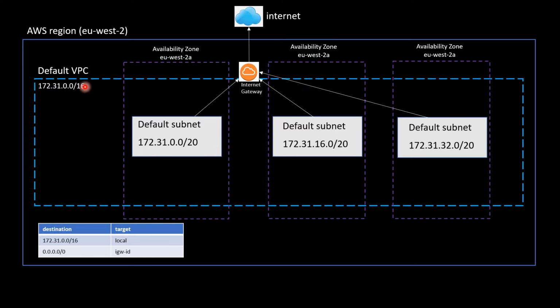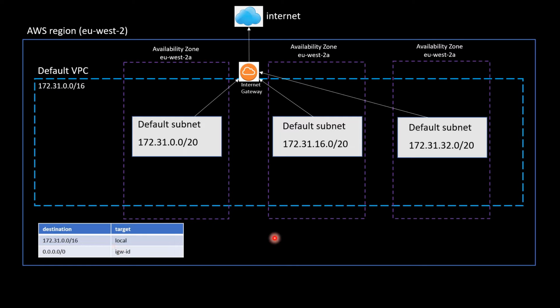And in this region we have 3 availability zones. In each availability zone we get a default subnet. So in this example we have these 3 subnets in 3 availability zones with these CIDR blocks, and we also get an internet gateway in this VPC and a default route table which routes to the internet through this internet gateway.